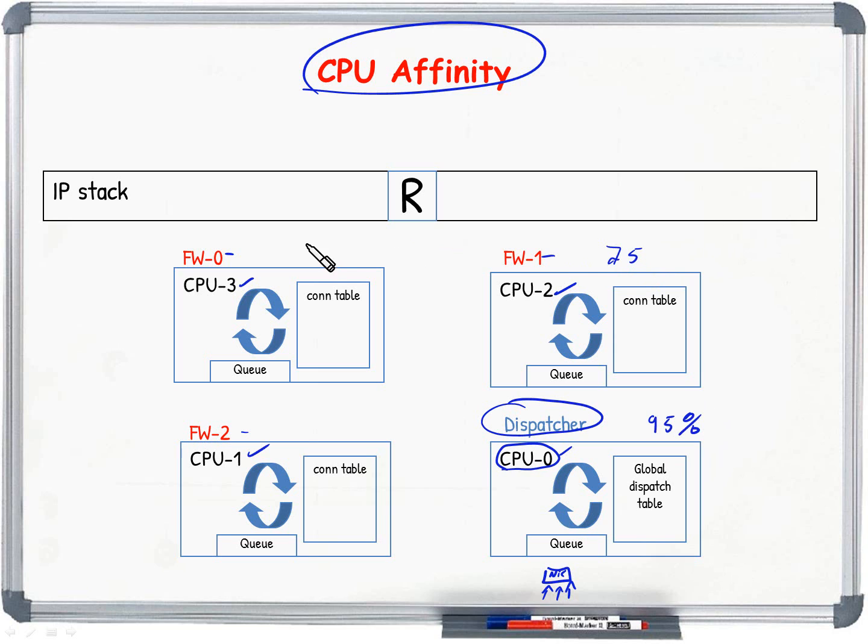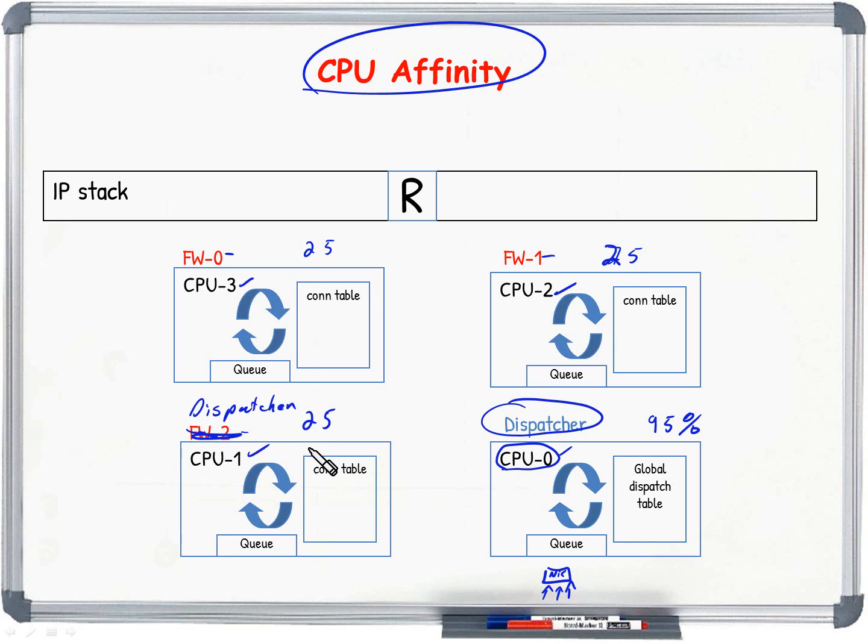You know that the dispatcher is being overused and you have a lot more resources on the other CPUs. So with CPU Affinity, we can remove a firewall worker from one CPU and bind the dispatcher to 2 CPUs. So now the dispatcher will be running on 2 CPUs.